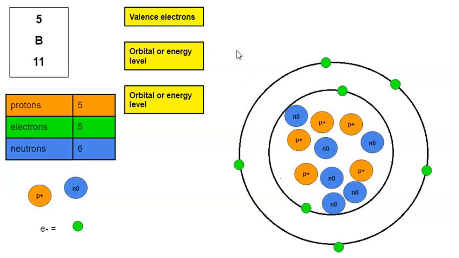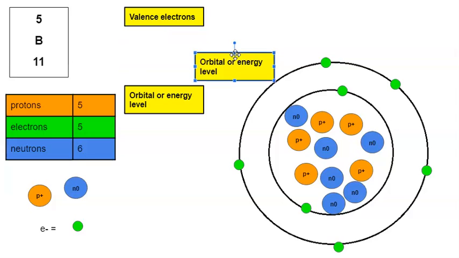Now you've probably noticed these other words that I have on the screen. The first one we're going to talk about is the orbital or energy level. So the orbital or energy level are these black circles here for the atom. Each one of these is an orbital or energy level. Right?